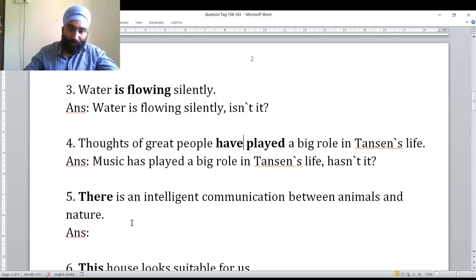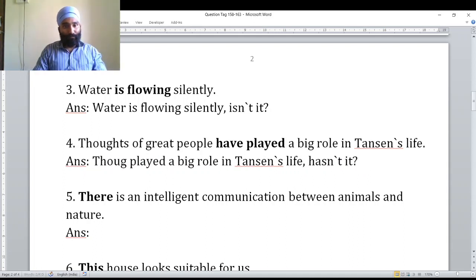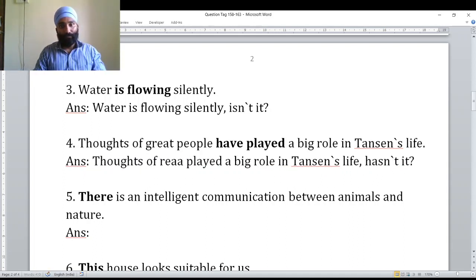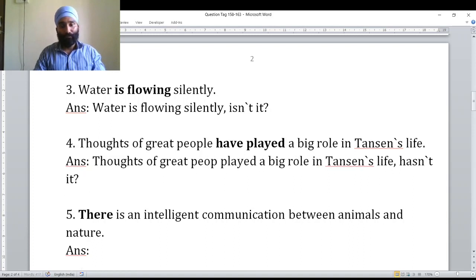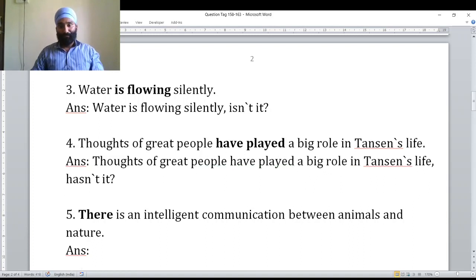So here has will become have. In the same way we have to change the tag also: haven't they? Thoughts of great people have played a big role in Tansen's life. So the tag will become haven't they.